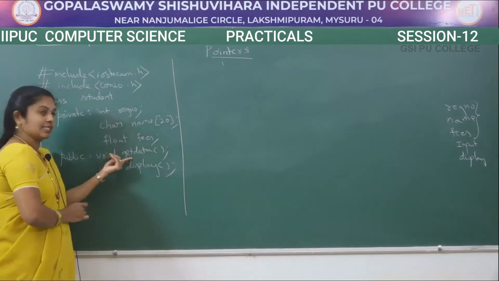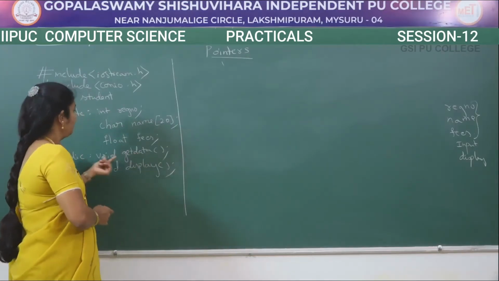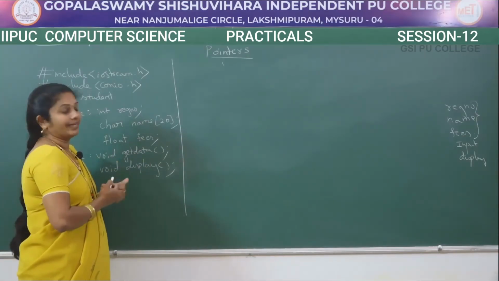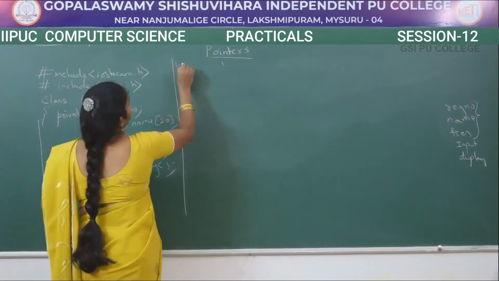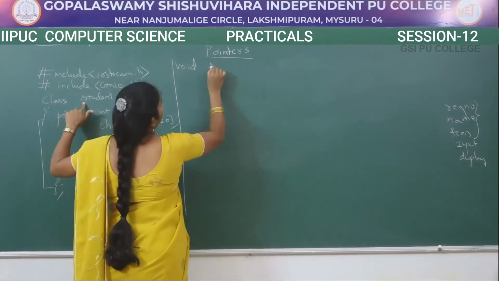Next, we have to write the statement of getdata function outside the class. How to write? First, we take the return type, void. The class name is student.